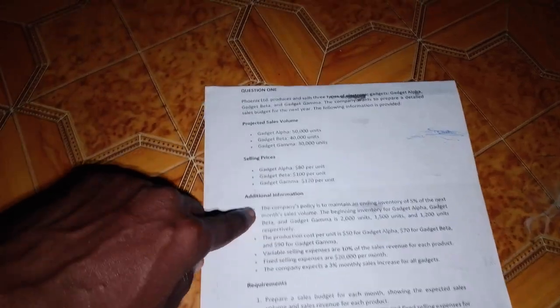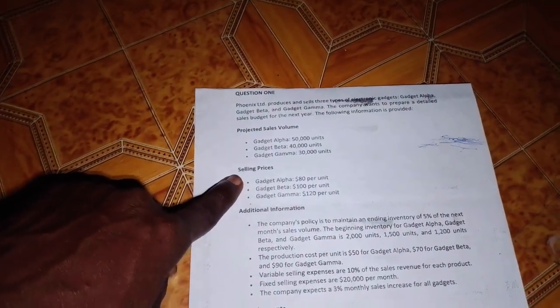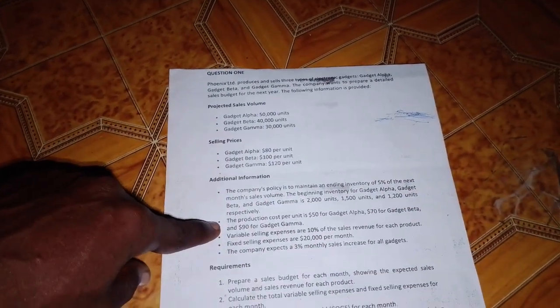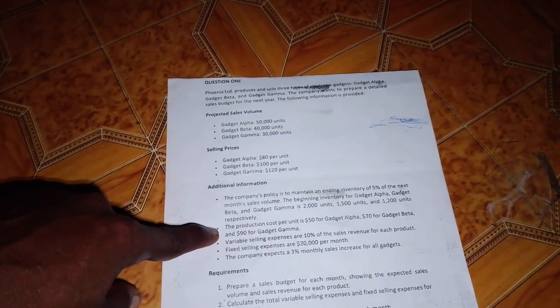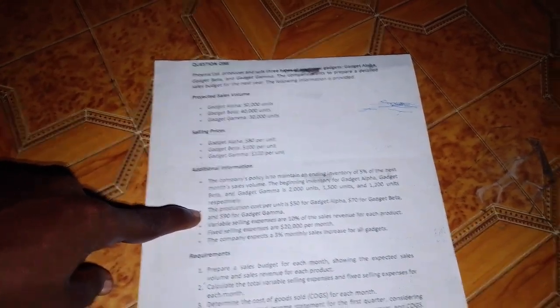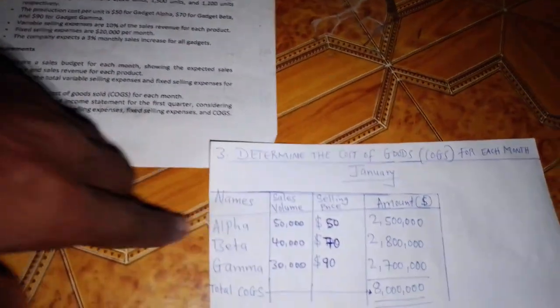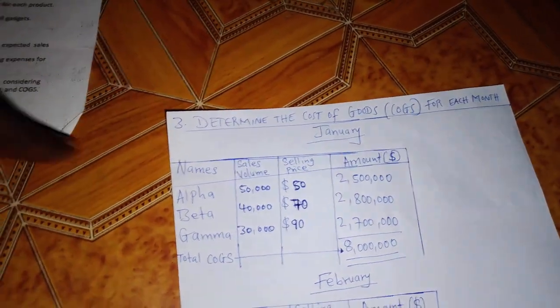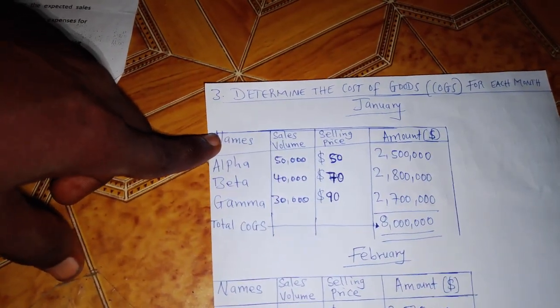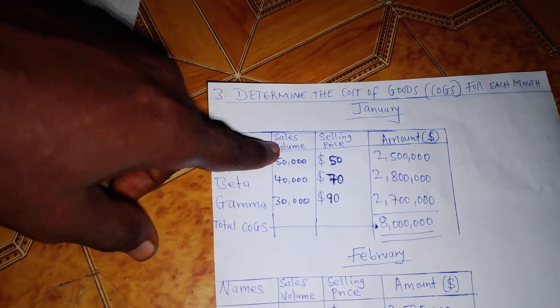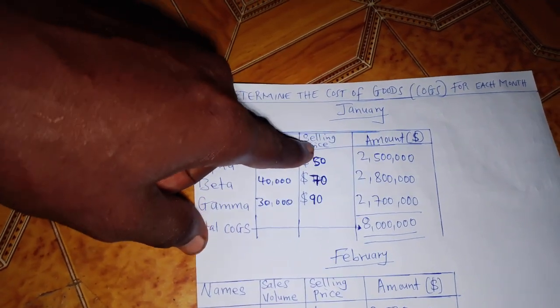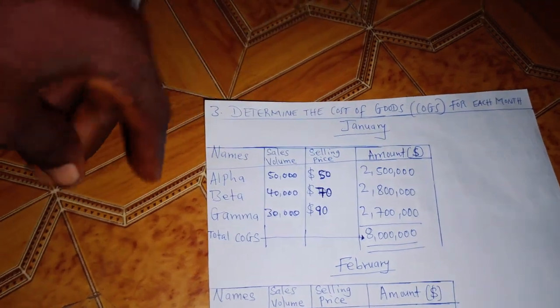We are not using the earlier selling price anymore. We are using the price provided under the additional information. So we make our table again. We say names, sales volume, price, amounts.